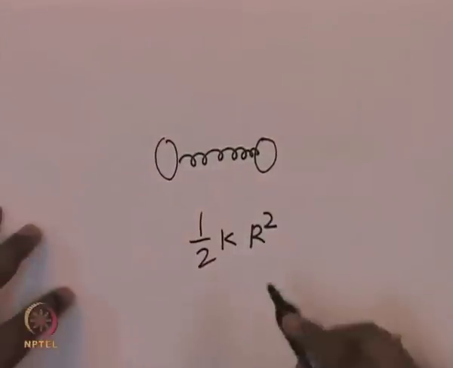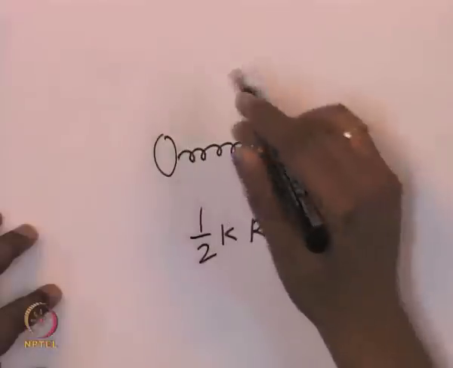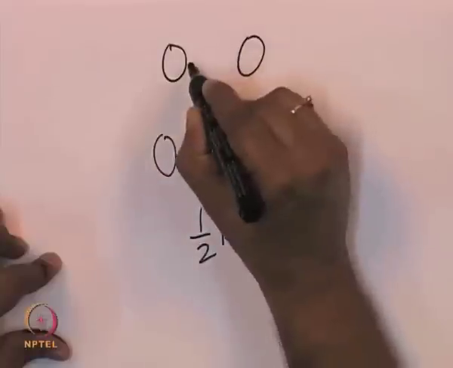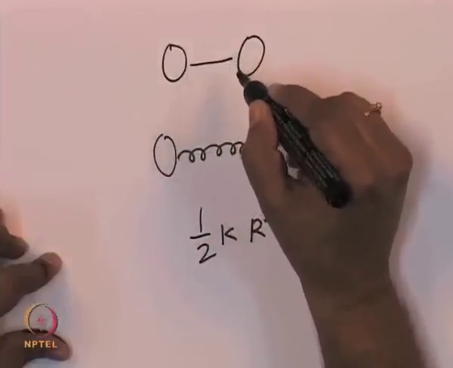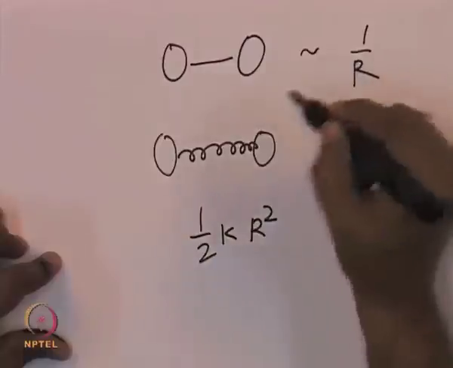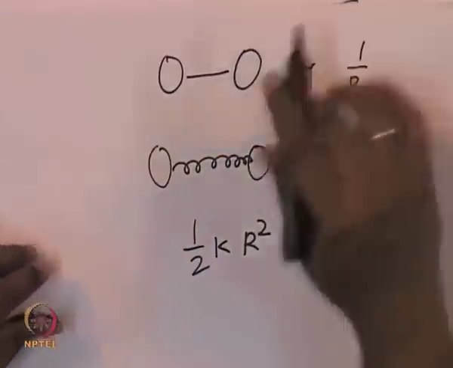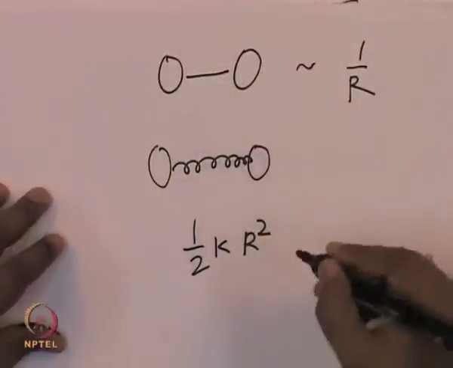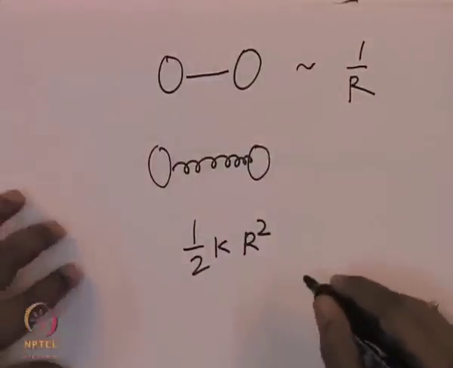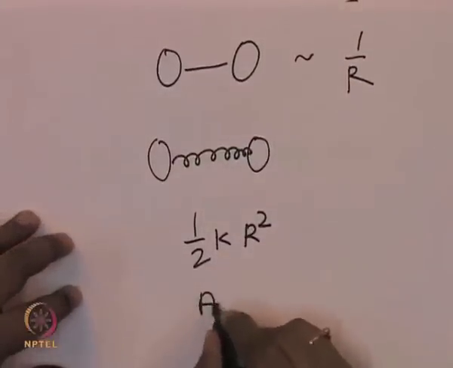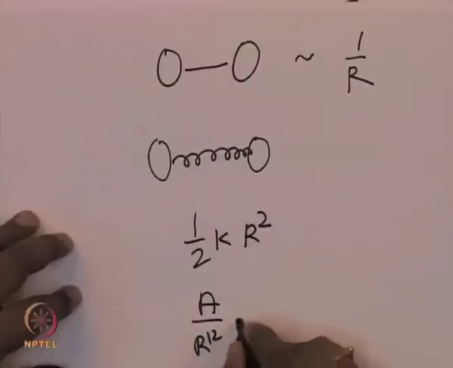If instead you have two charges at a distance r, we said that the energy is the Coulomb energy, which goes as 1 over r. In other cases you might have van der Waals interaction, where the interaction energy has a particular form, a r power 12 minus b r power 6.